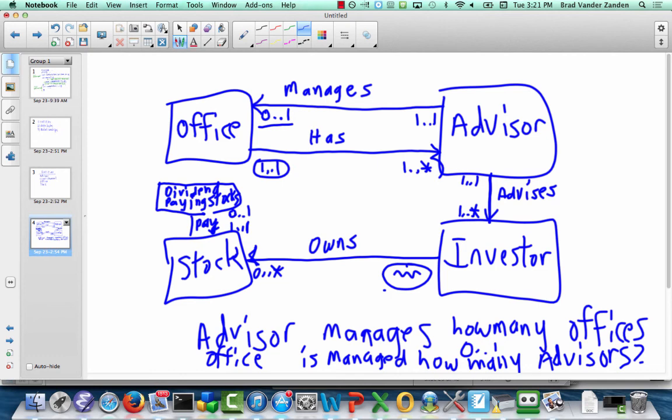That sounds like a relationship between a stock and an investor. We record the stock's ticker symbol. That sounds like an attribute. The transaction price, that sounds like an attribute. The date, that's an attribute. The number of shares purchased or sold. The investor who purchased or sold the stock, that's an entity, but we already knew that. And the broker who conducted the transaction for the investor.